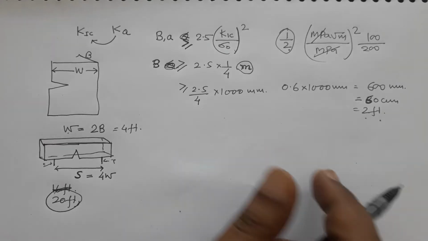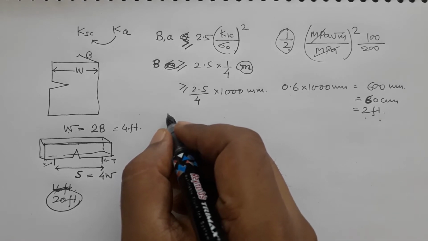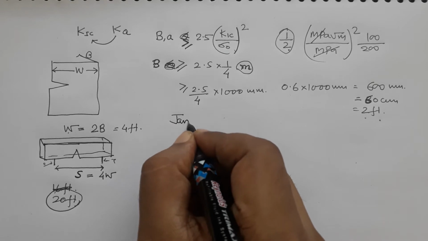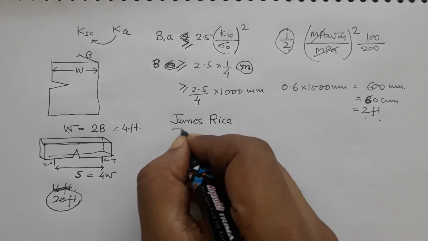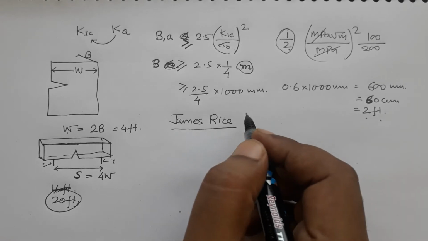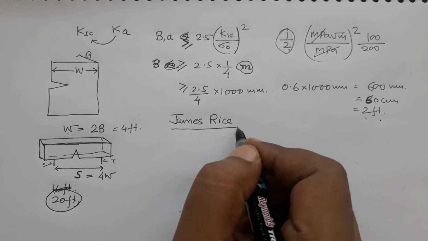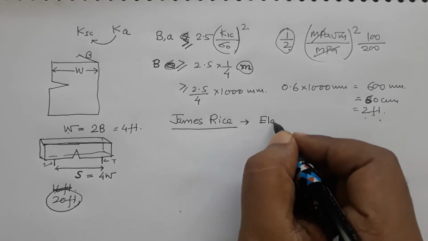So, that is very ironical, and in terms of other things, it was very recent when James Rice, and you must have heard this name before because I have used this name in this same course before, described a parameter for elastic plastic materials.